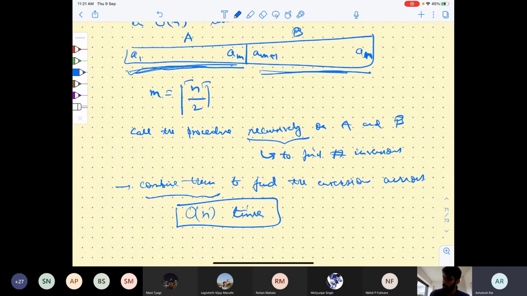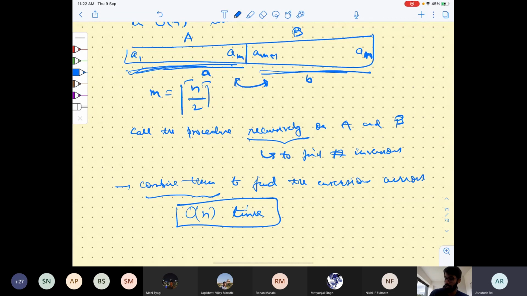If we have just solved it recursively, we just have this number: small a is the number of inversions here, small b is the number of inversions here. But how do we use that to find the number of inversions going across in linear time? So what are the inversions which are going across?